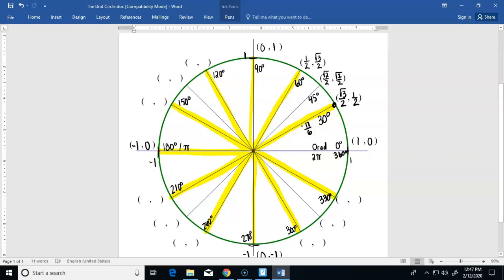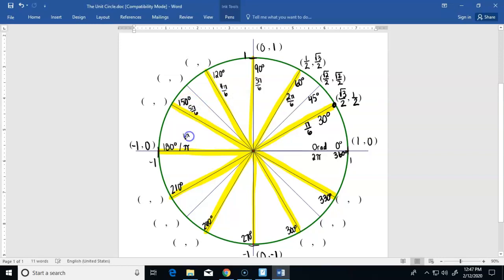So this is what I do for my radians. Now I'm going to go back and reduce some. But if this is pi over 6, I'm going to do the same thing I just did with that 30, 60, 90, 120, 150. I just added 30 all the way around, right? I'm going to do the same thing with pi over 6. I'm going to have pi over 6, 2 pi over 6, 3 pi over 6, 4 pi over 6, 5 pi over 6. This is 6 pi over 6.